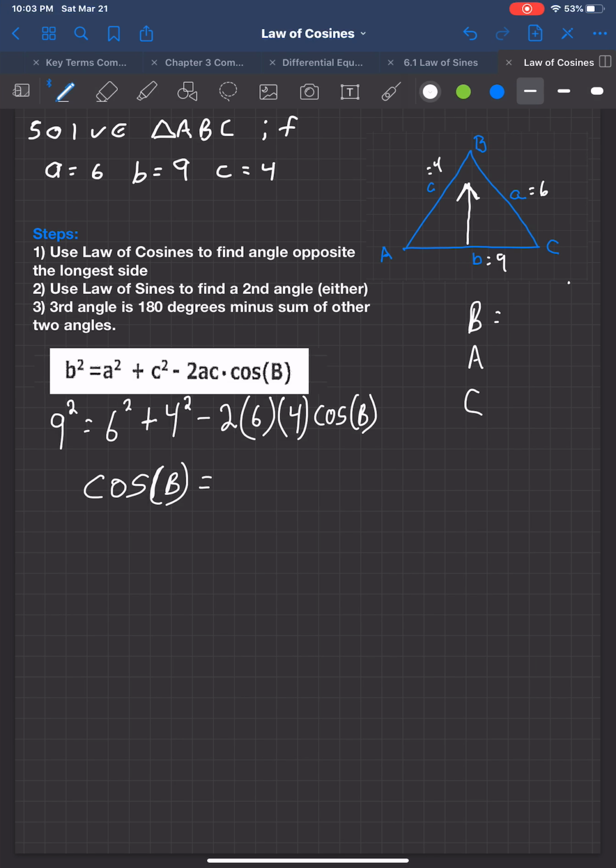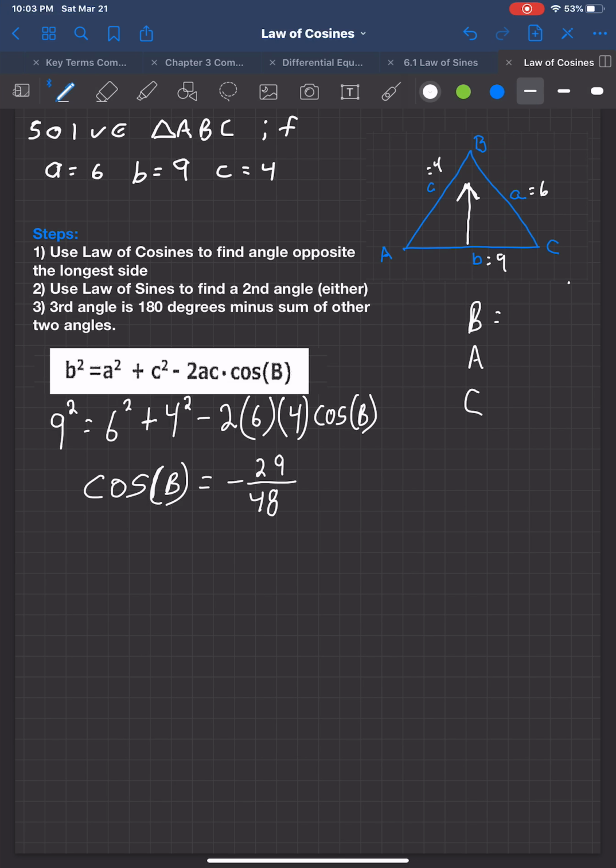All right. So if you do some arithmetic here, we should get cosine B is equal to, let me double check, it should be equal to negative 29 over 48. Okay? Don't worry about the negative. Remember, cosine of a negative angle is equal to cosine of that same positive angle.